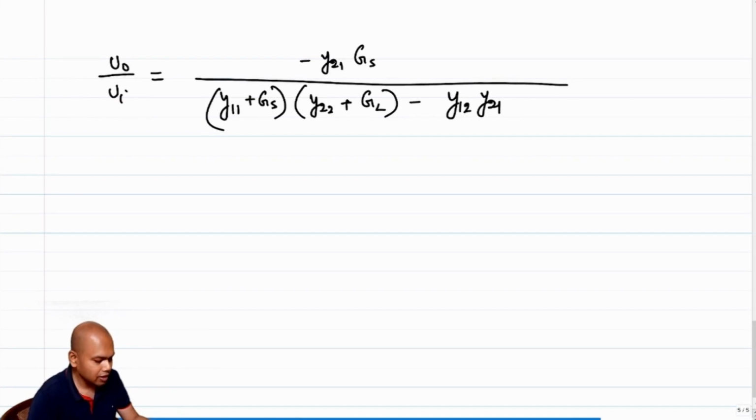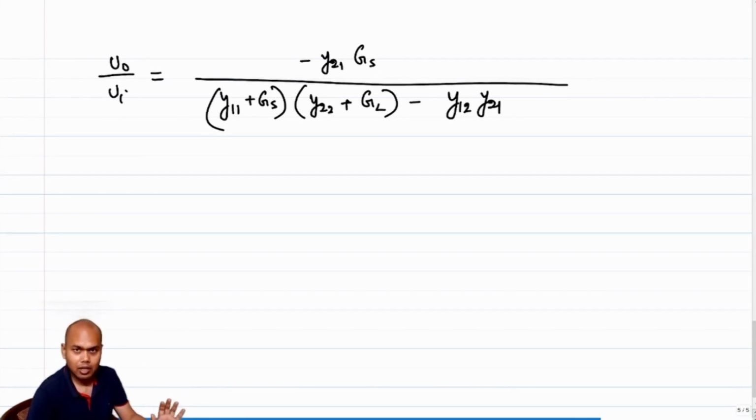So how can I achieve that? Mathematically it seems like if I simply set the denominator to 0, assuming that all the incremental y parameters are positive.